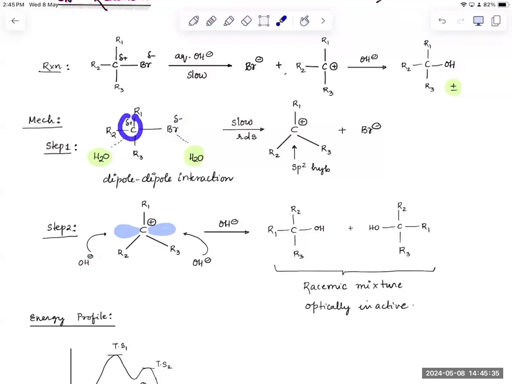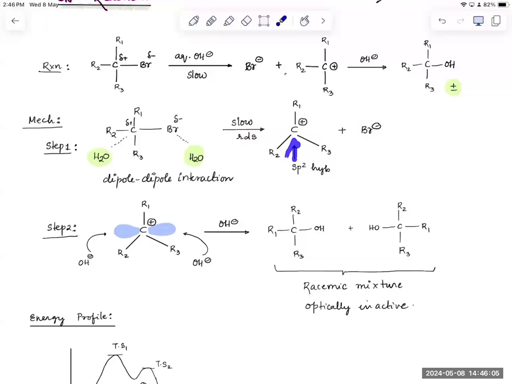They will always have partial positive and partial negative charges, and they will start making bonds with water, van der Waals interaction, because of which this bond will start becoming weaker. Due to this dipole-dipole interaction between water and the halogens, the bond will break into carbocation and Br minus.